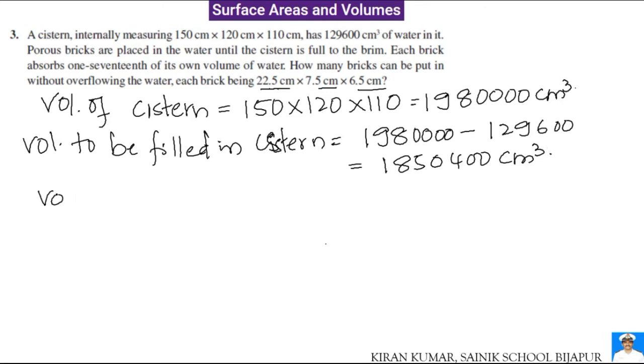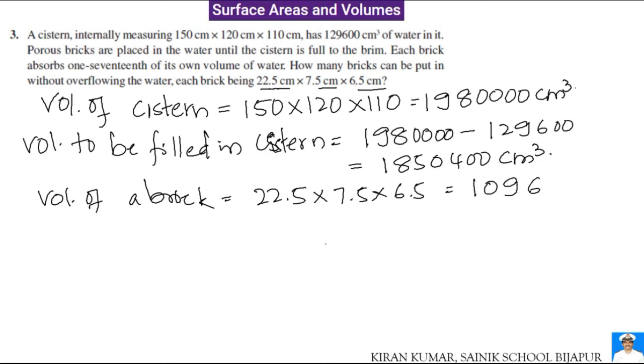Volume of one brick will be equal to length into breadth into height, 22.5 into 7.5 into 6.5. We get it as 1096.875.